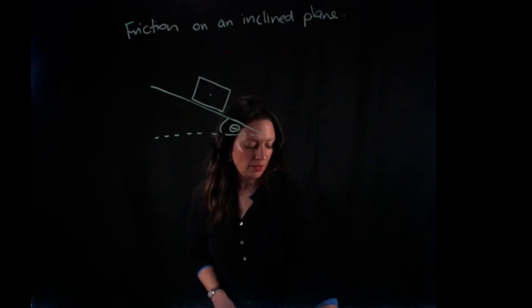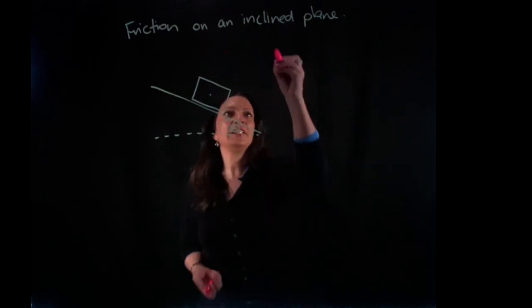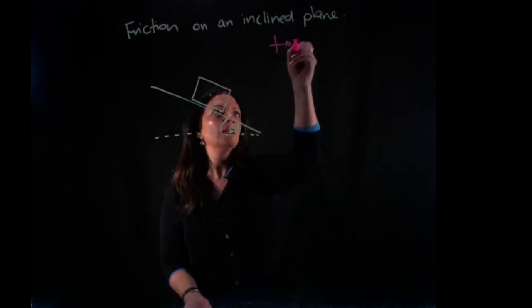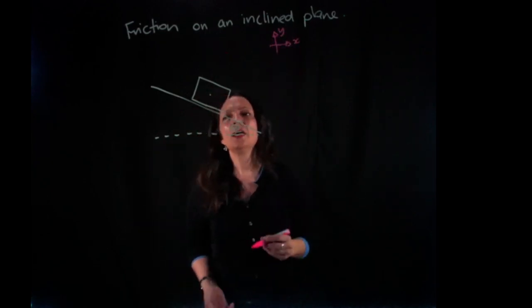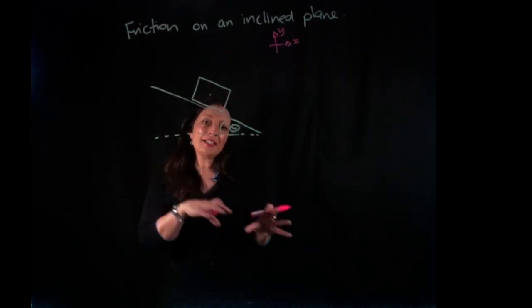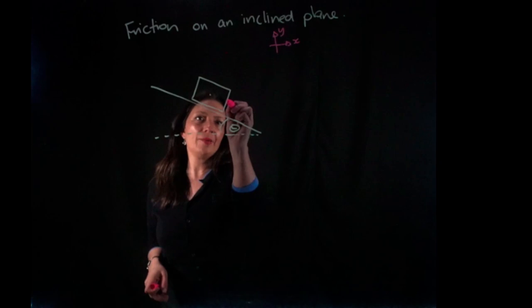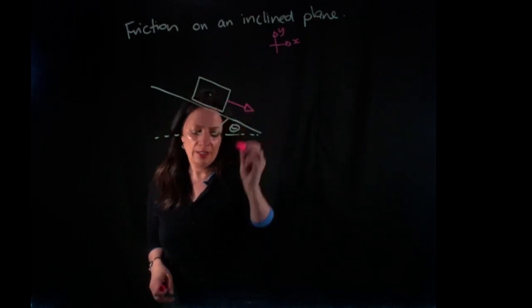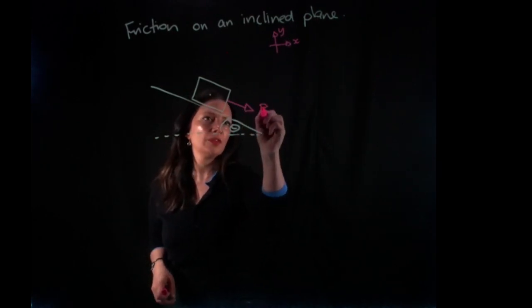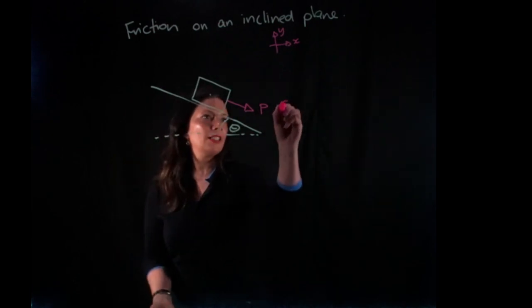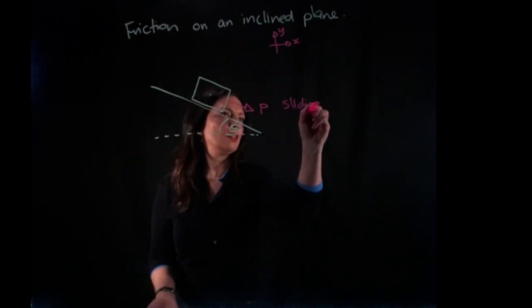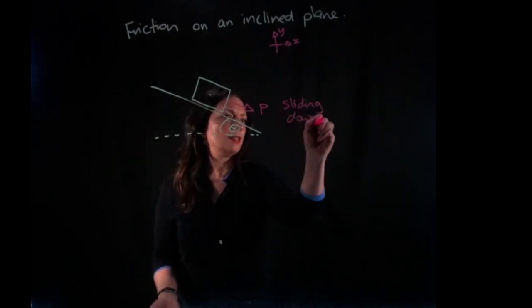I'm just going to draw an axis up here of x and y. The box wants to slide down the plane, right? So that means the force is going to go this way, sliding down the plane.